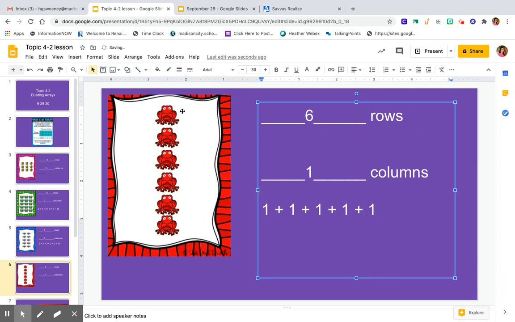Let's see. 3, 4, 5, and 6. So that means 6 is our answer because we added the number 1 up 6 times. 1, 2, 3, 4, 5, 6. All right.